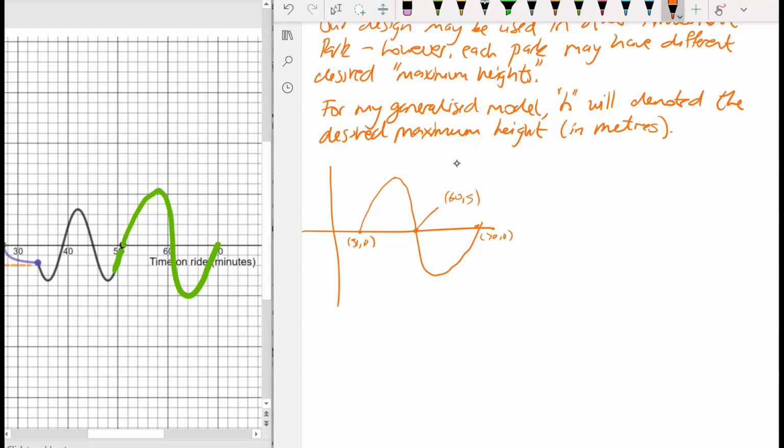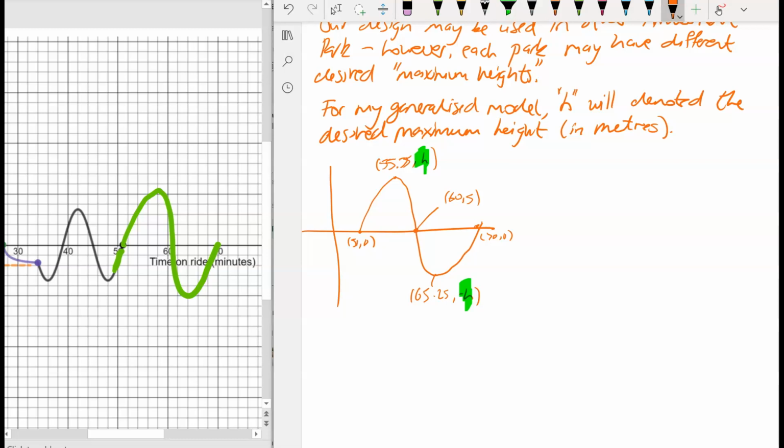The things that we aren't going to know: the maximum still is going to have the same x-coordinate, but we don't know what the height is going to be, so I'm going to call that comma h. And we know the minimum, 65.25, is going to be negative h. So that's the point of generalization. We don't know what the height is, so we put in those pronumerals to assist us.